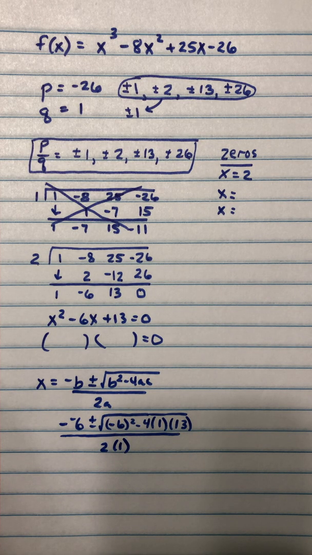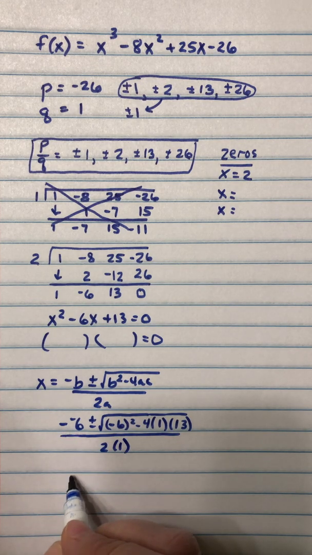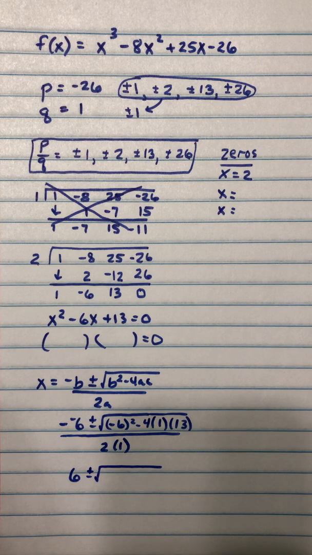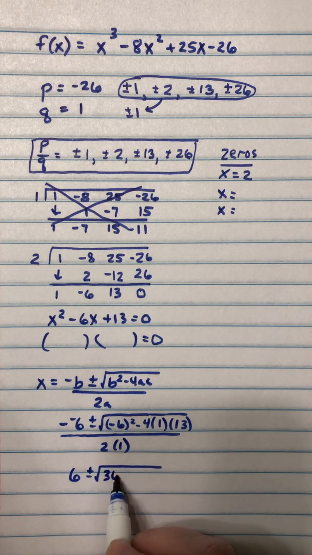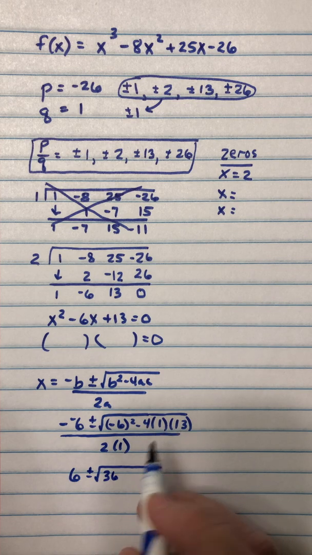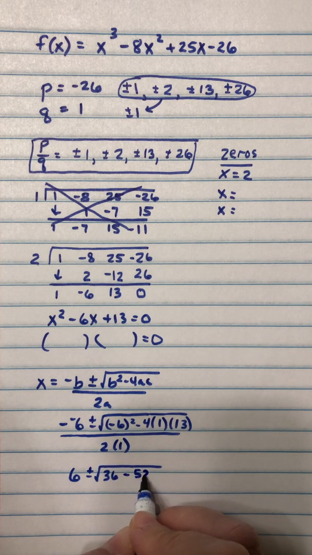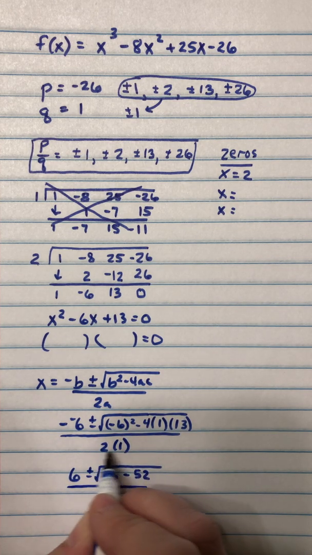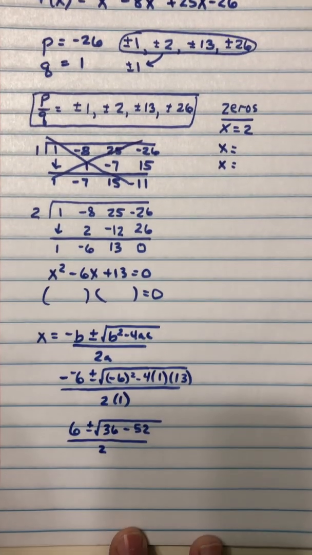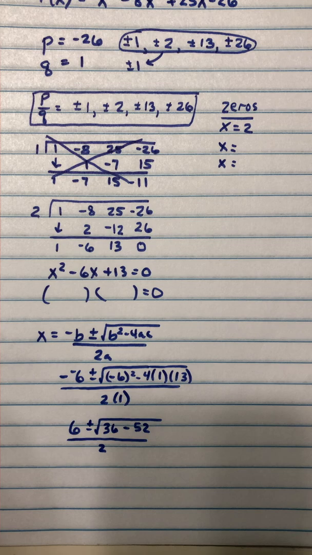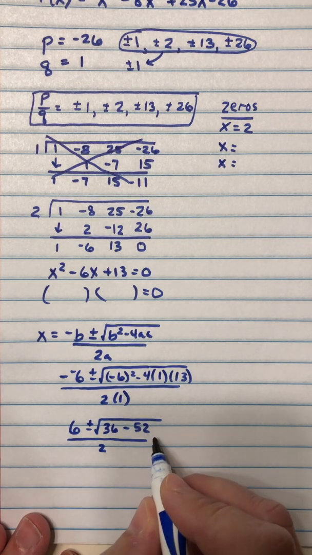All right, let's do a little simplifying. A negative negative 6 is going to be a positive 6. Underneath the radical, negative 6 squared is 36. 4 times 1 times 13 is 52. 2 times 1 is 2. 36 minus 52 under that radical would be a negative 16.